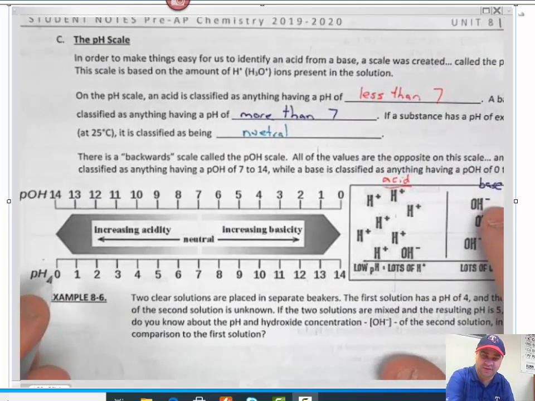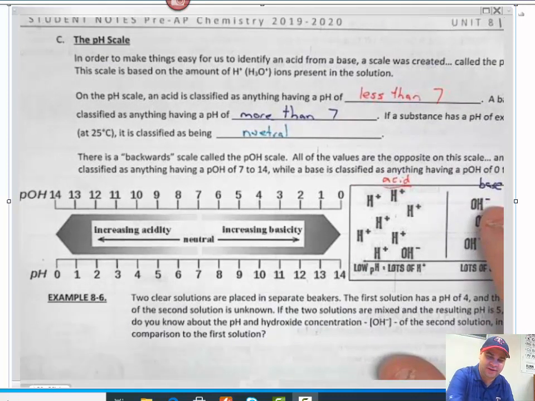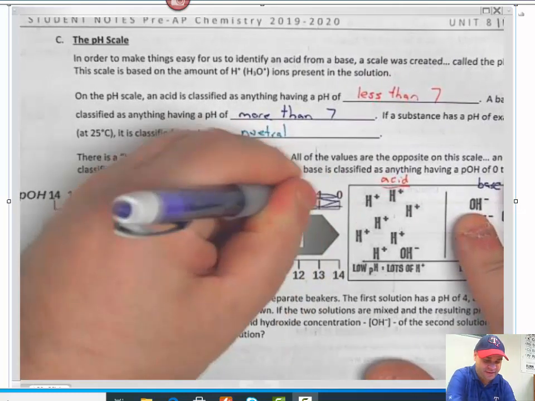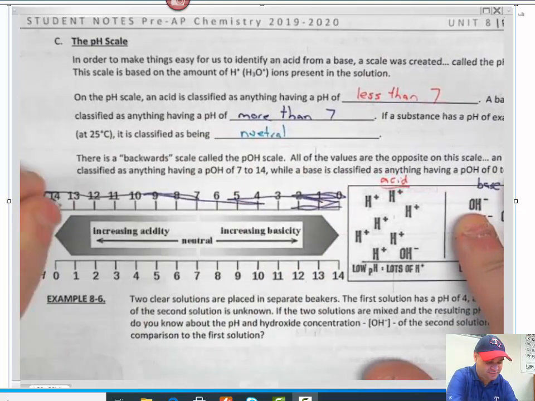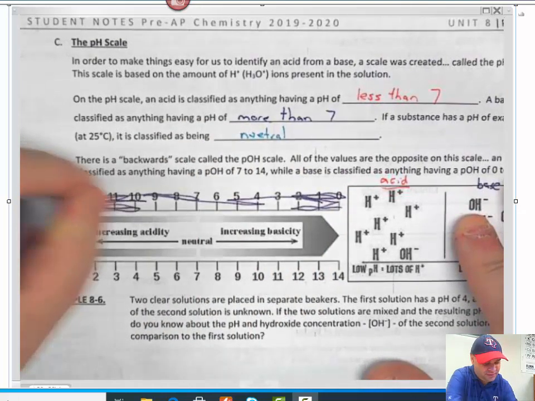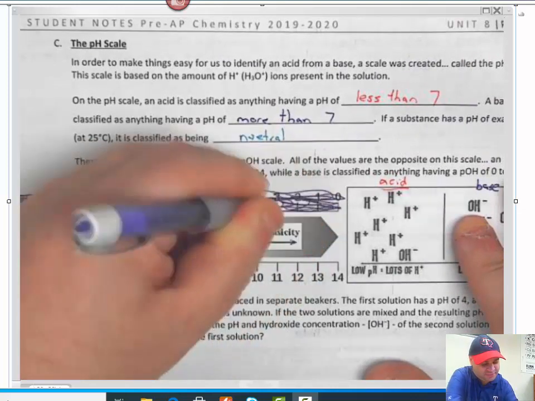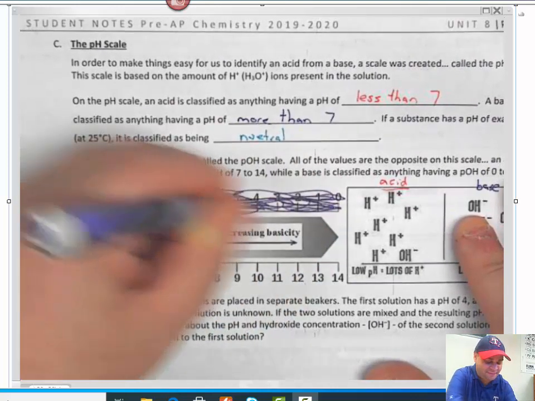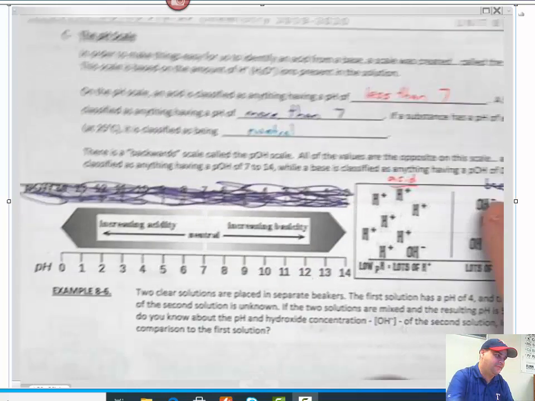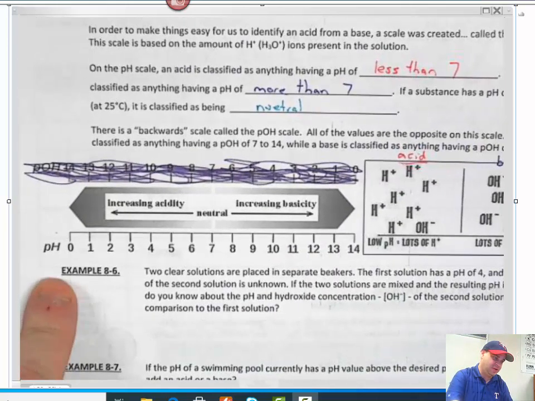There's no chemist that uses the pOH scale. I am crossing out the pOH scale. It just confuses people. So I'm crossing it out. Everybody focuses on the pH.